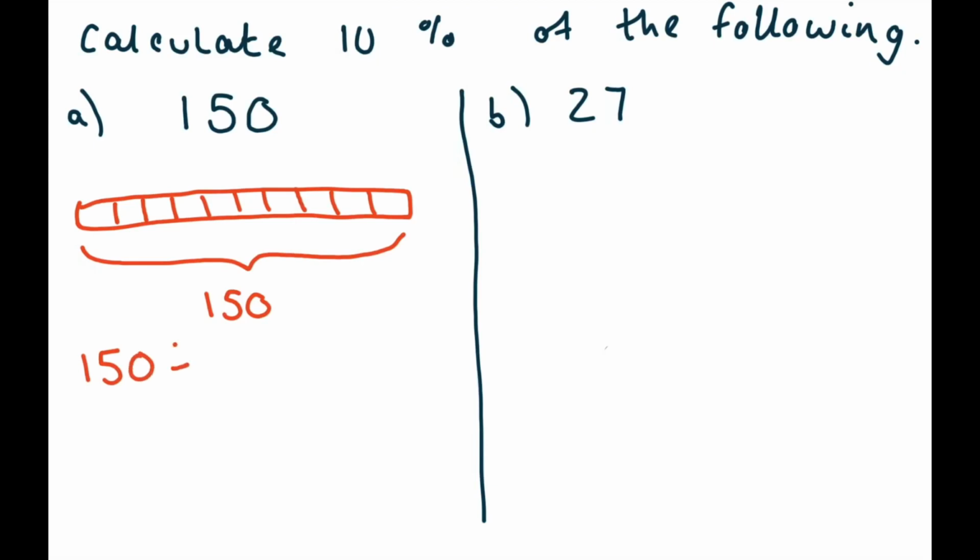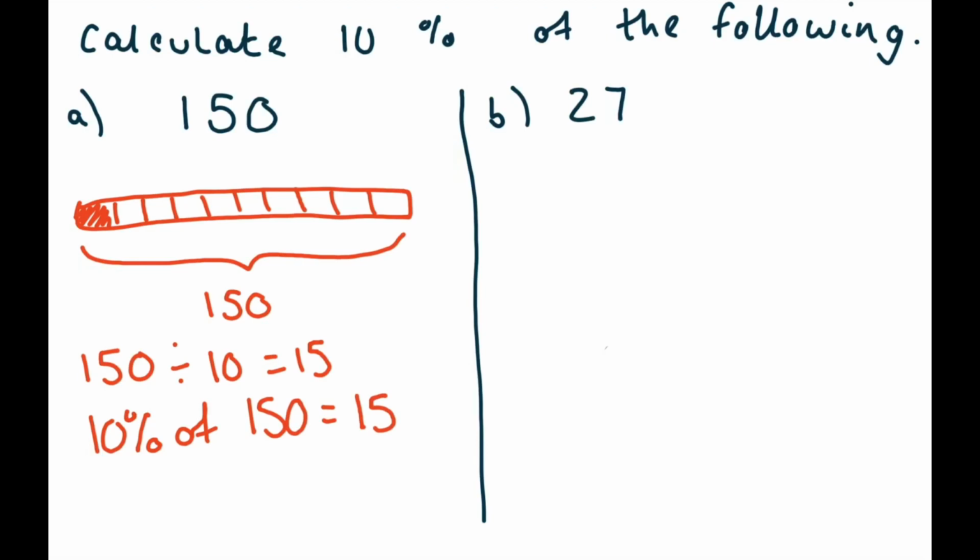So I'm going to do 150 divided by 10, and that gives me 15. So each of my boxes is worth 15. Now I just want one of these boxes, so I'm finished there. So I can just say 10% of 150 equals 15.